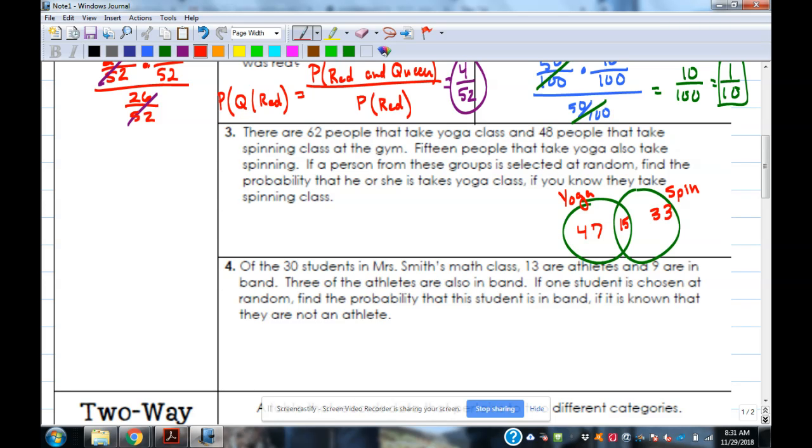We've sorted the group, and we've got the people that take spinning class here, and then everybody else. How many people take spinning class? 48. It told us that, right? Then what's the probability of picking somebody that takes yoga if we're only looking at those 48 people? Why 15 out of 48? That's right.